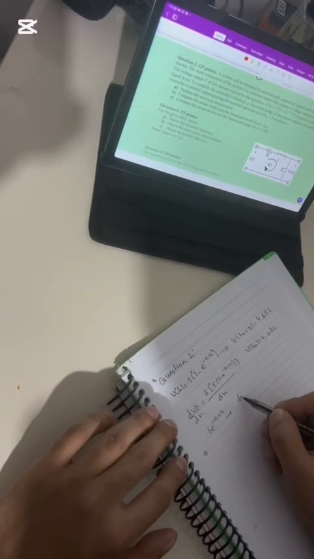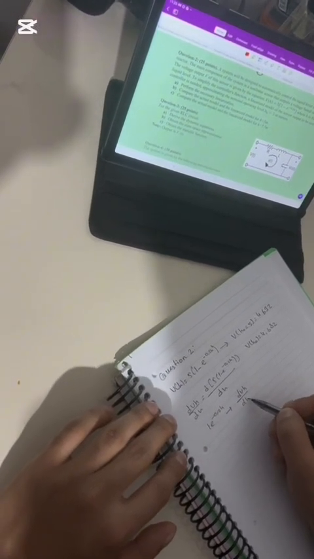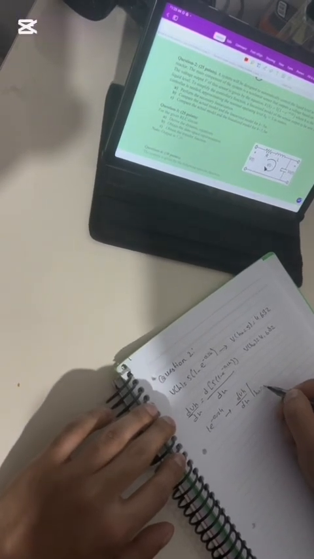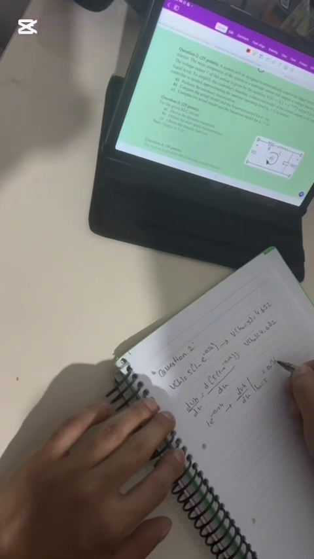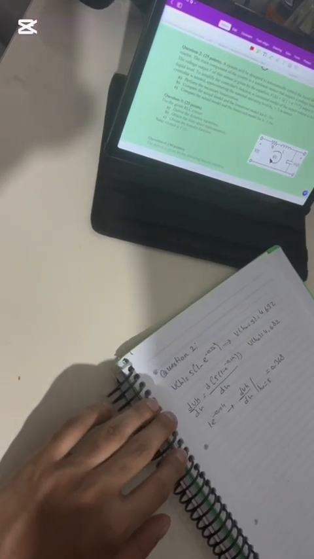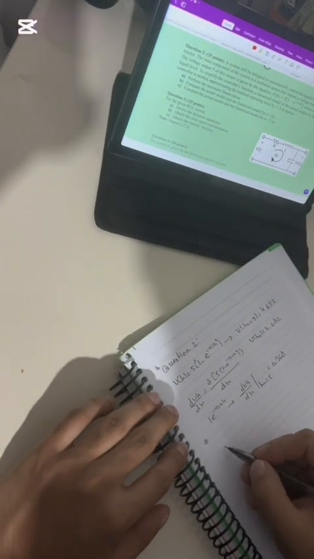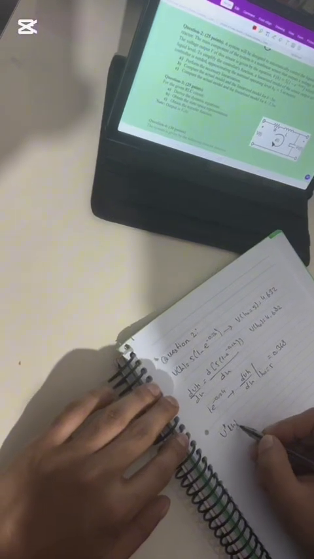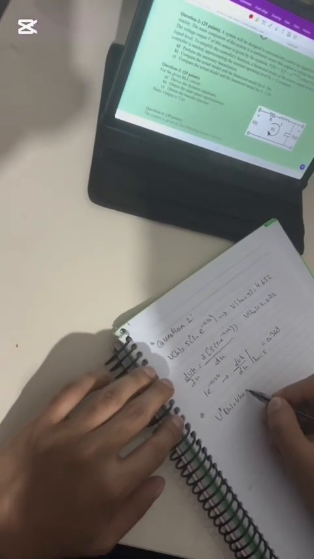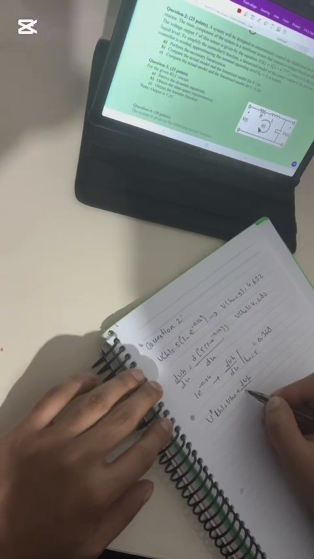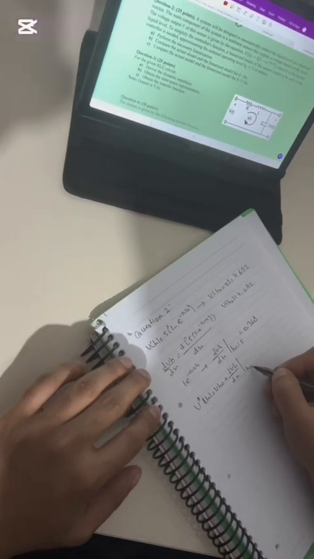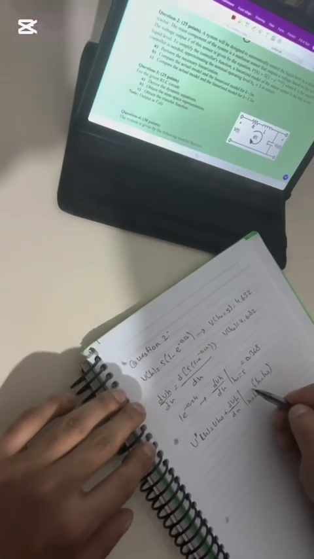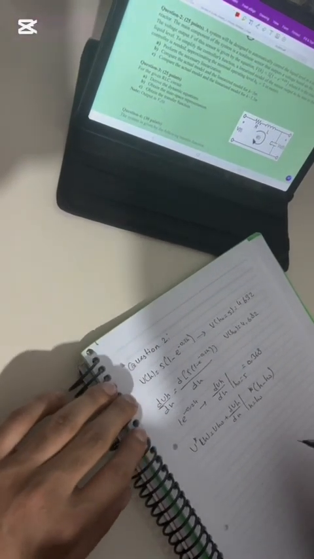So the derivative of voltage with respect to height, if h0 is equal to 5, will be equal to 0.368. If we go on with the linearization formula, V(h) is equal to V(h0) plus the derivative of that equation at h0, times (h minus h0). This is the linearization formula of this equation.